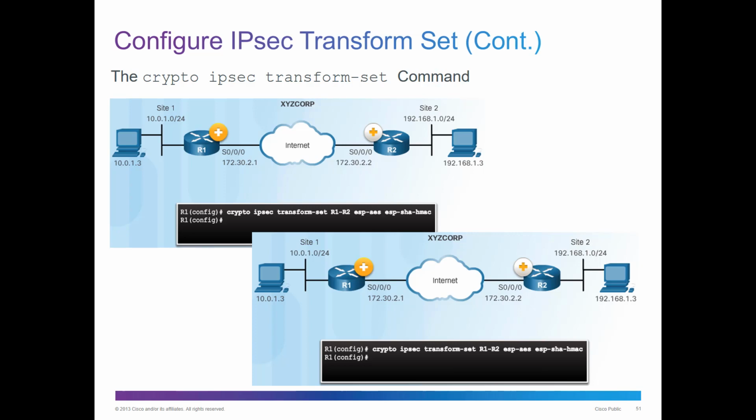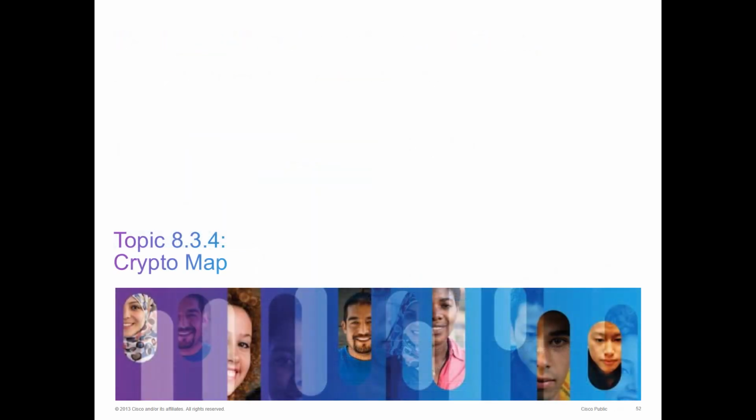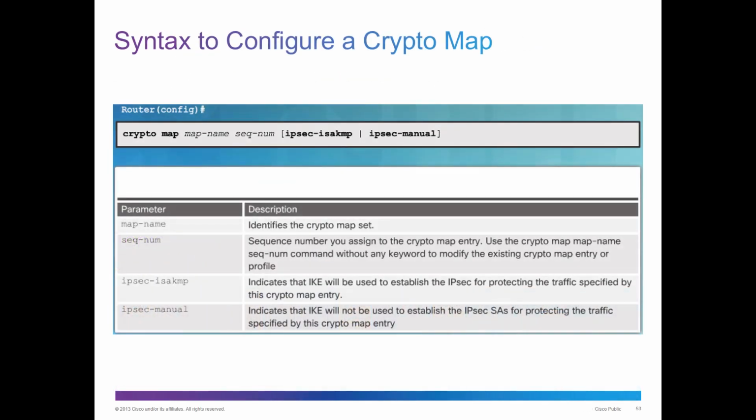Alright, so now let's move on to setting up our crypto map. Our crypto map will be given a name, a sequence number, the appropriate IPsec, whether it's using ISAKMP or manual. So map name will identify the crypto map sets. The sequence number will be the sequence number you assign to the crypto map entry.